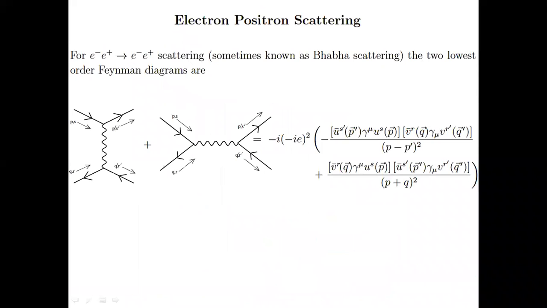Next, electron positron scattering. Here an electron and a positron come, they exchange a photon and they go out. Again, there are two types of diagrams. In one, the electron and positron come and annihilate into a photon, and again they go out. In the other, they exchange a photon and don't annihilate themselves.